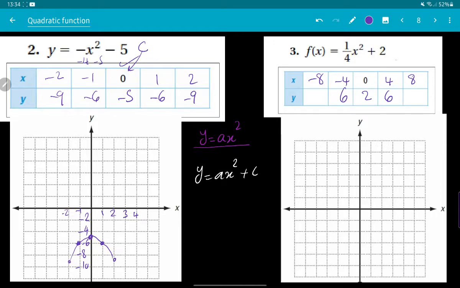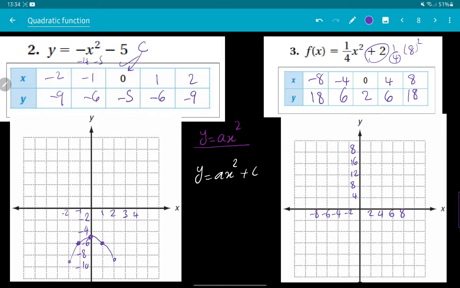Now 8 squared, then multiply by a quarter. 8 squared is 64, divided by 4 is 16, plus 2, it's 18. Now you can go 2, 4, 6, 8, and so on, and this will be 4, 8, 12, 16, 18.